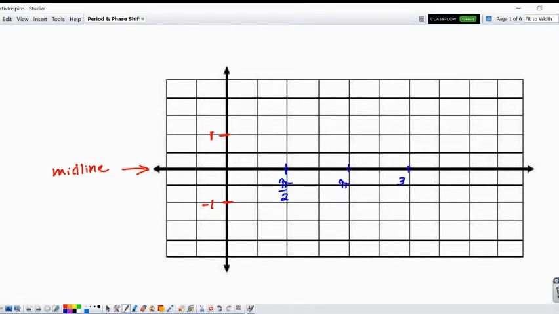So we'd go pi over 2, pi, 3 pi over 2, all the way to 2 pi, so we can fit 1 cycle there. When you're graphing a sine curve, we always think that when we begin the graph, we're starting at the midline value, which is right here. And these 4 marks, these units that we've put on the graph, show all of the highlights of the sine curve.